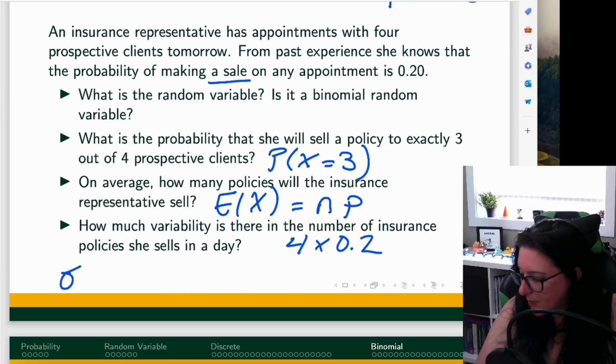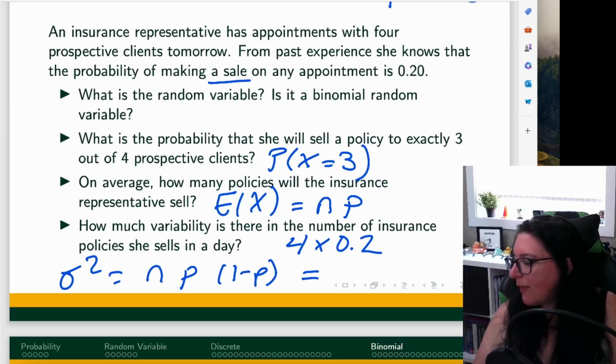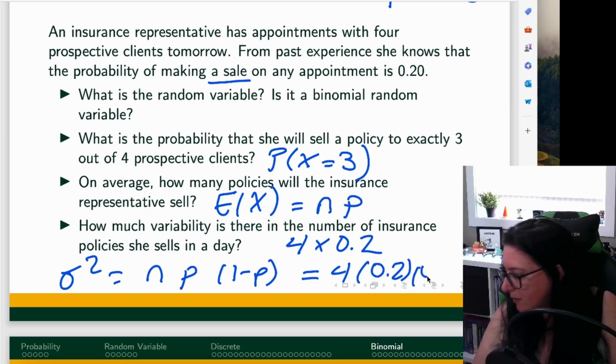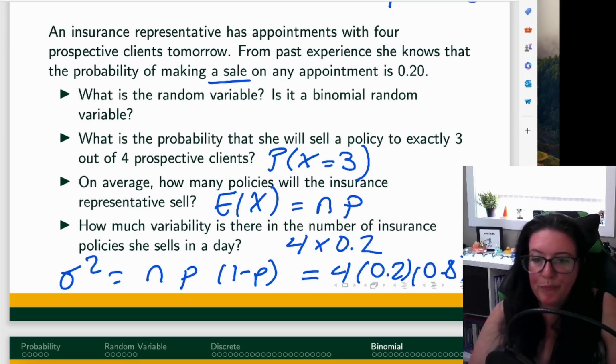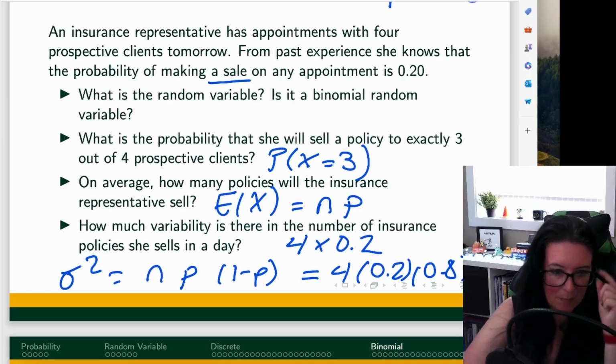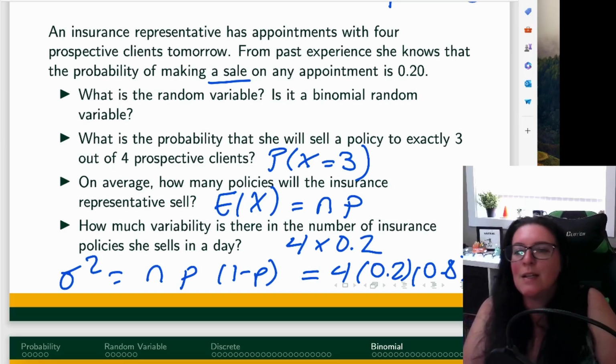Remember, the variance, sigma squared, is equal to n times p times 1 minus p. So we have the 4 meetings with clients times the probability 0.2 times 0.8, which is 1 minus 0.2. Four times 0.2 is 0.8.